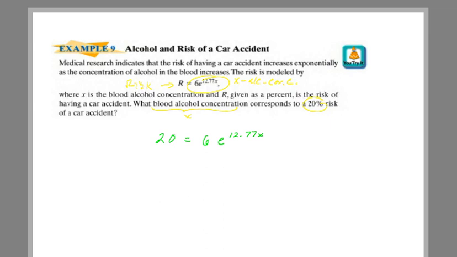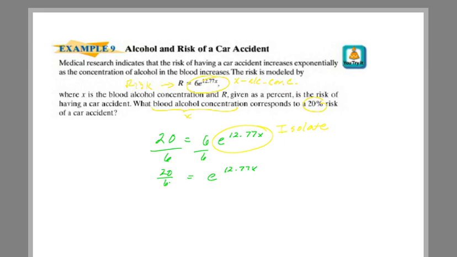It ends up being an exponential equation that we saw earlier. How to solve that? We have to isolate the exponent term. And I'll isolate that by dividing both sides by 6. I'll just leave it as 20 divided by 6 right now.